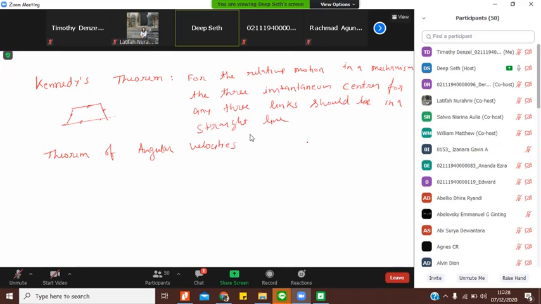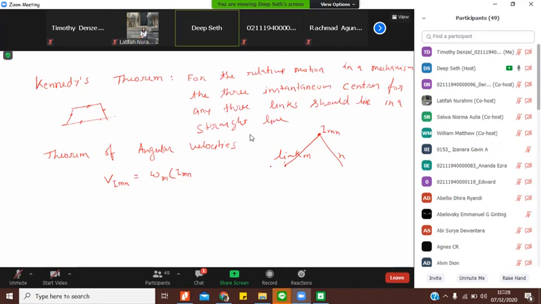Okay, so it just simply says, let's say you have a link, this is your link M, and this is your link N. So what will be their instantaneous center? It's a joint, it's I_MN. So the velocity at I_MN will be equal to, we can write it as omega_M into I_MN I_1M.